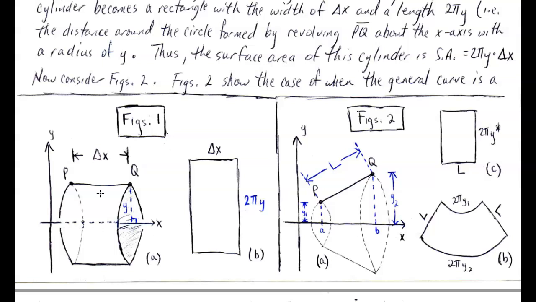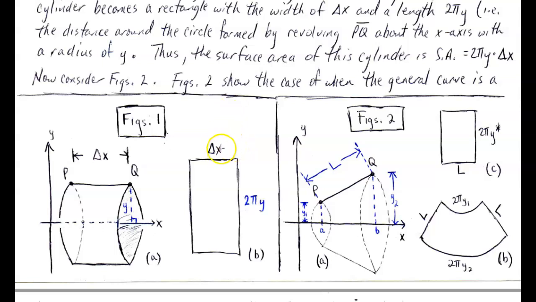And if we wanted to know what that surface area was, what we could essentially do is take that cardboard tube and just cut it. If we cut it right where this line segment PQ is and roll it out, what it will basically look like is a rectangle.